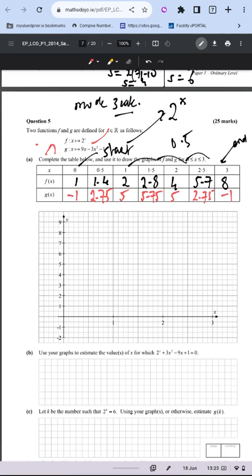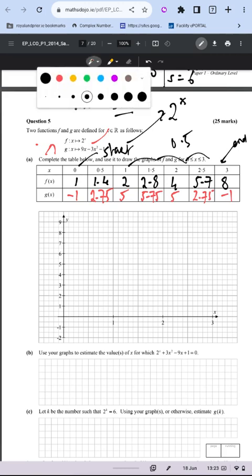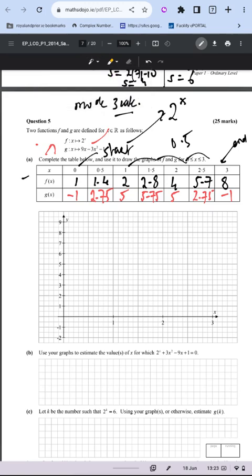Now we're going to plot these. I'll do my black one first, my top one, my f of x. So it's 0 and 1. 0.5 and 1.4. 1 and 2. 1.5 and 2.8.